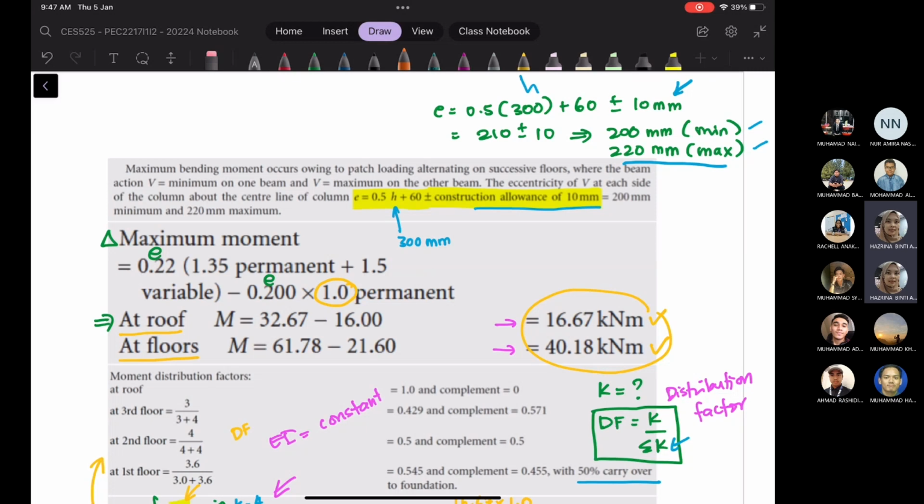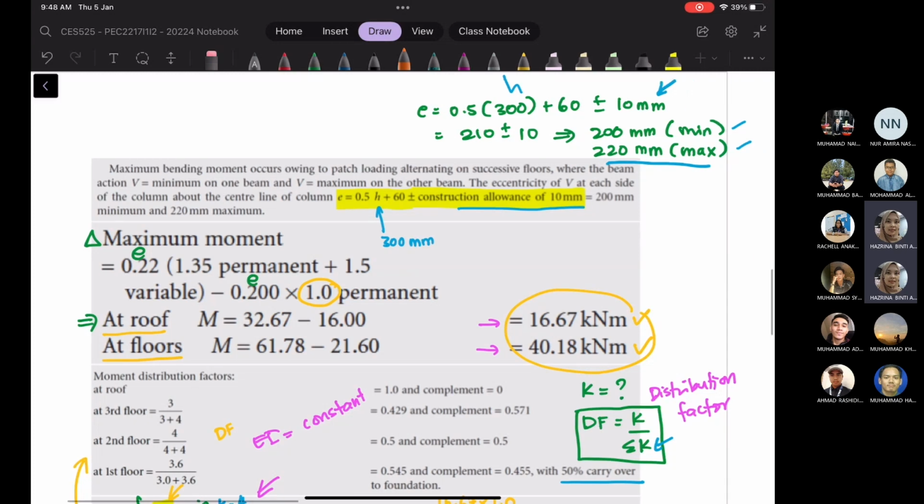The eccentricity of V at each side of the column about the center line of the column is considered as E equals 0.5 H plus 60, then plus or minus the construction allowance of 10 millimeters.